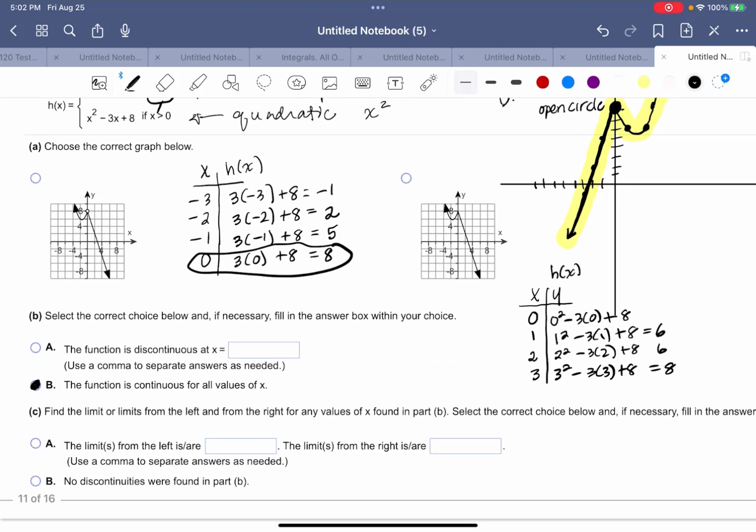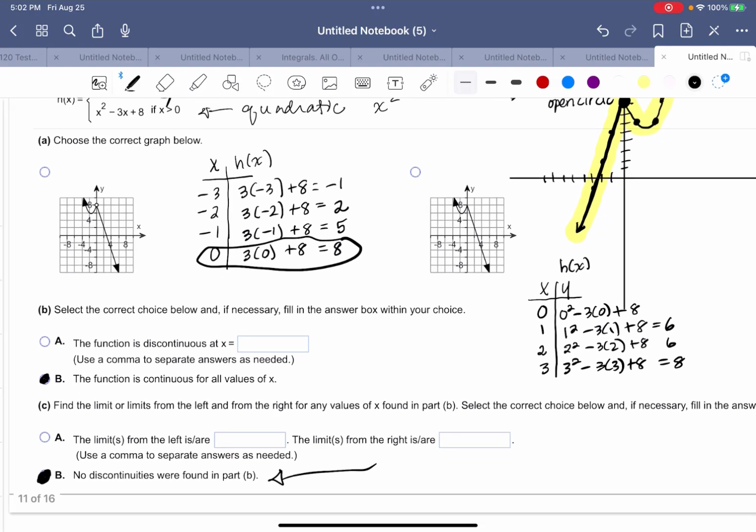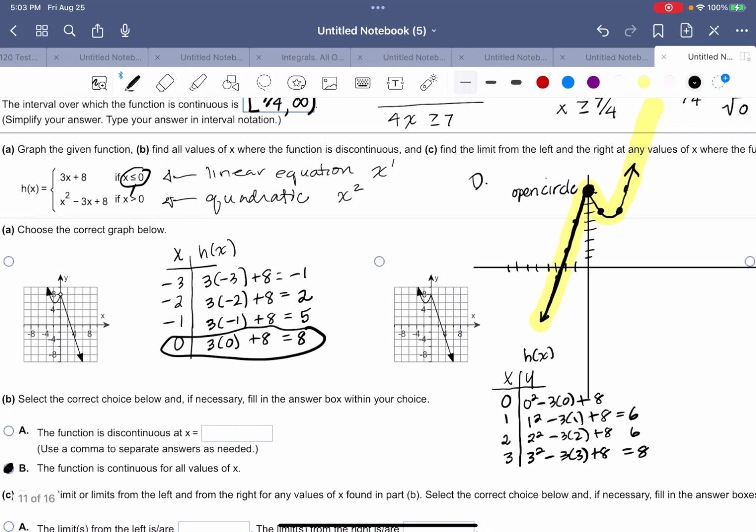And so for part C, there are also no discontinuities found in part B. So we don't have to look at the limit from the left and right because, as we said, it's coming in from the left and the right to the same place, which makes it continuous.